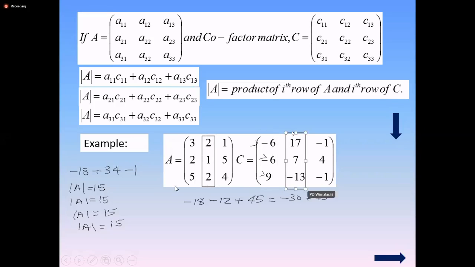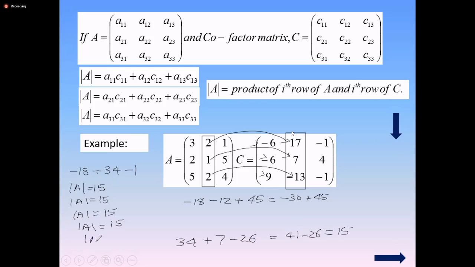Then 2 by 17, 34. Then 1 by 7, 7. Then 2 multiplied by minus 13, minus 26. So what is the value? 34 plus 7, 41, minus 26 is 50.